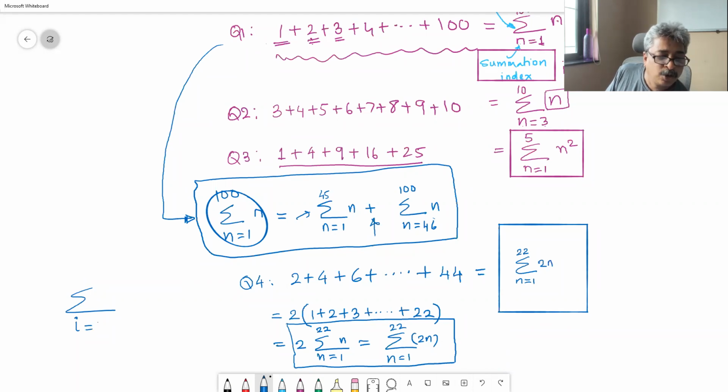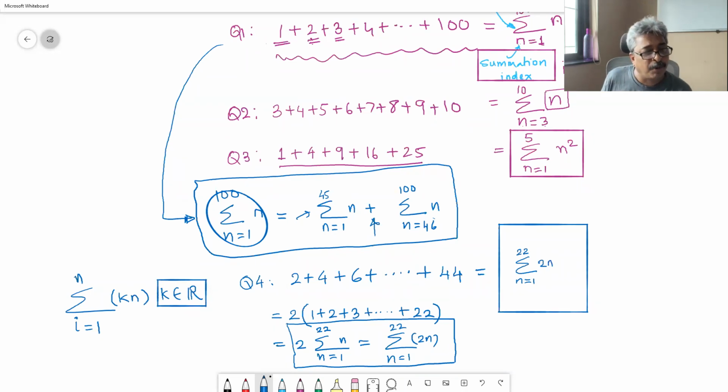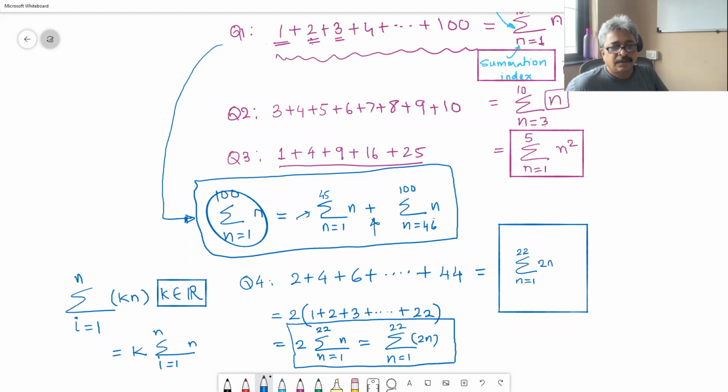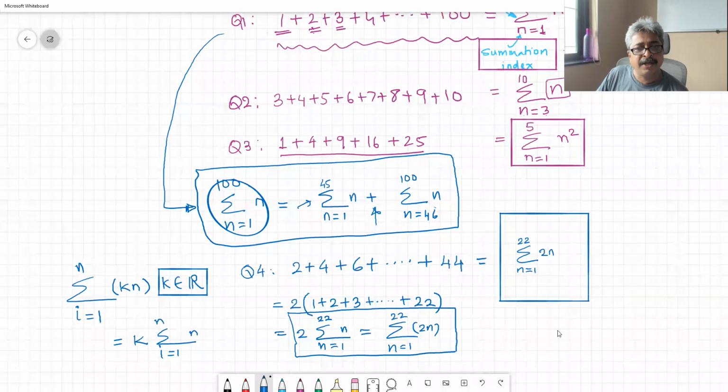Sigma i goes from 1 to n, k times n, is equal to k times sigma i goes from 1 to n. K is a real number; it could be 5.7, no problem. If there is a constant inside, you can take that constant outside. That is the second property of sigma notation we are trying to learn.